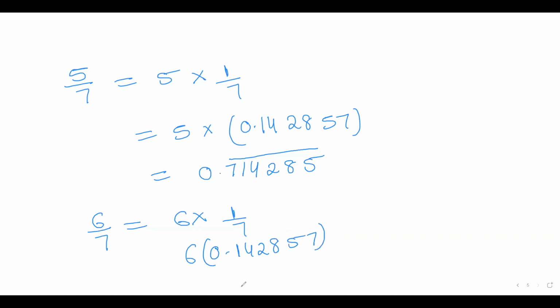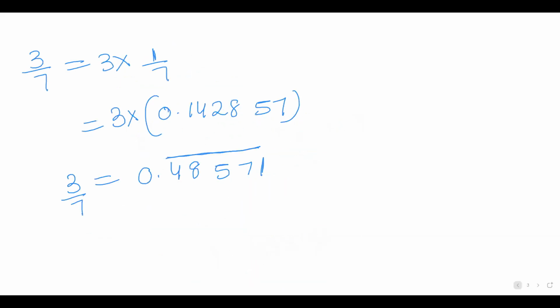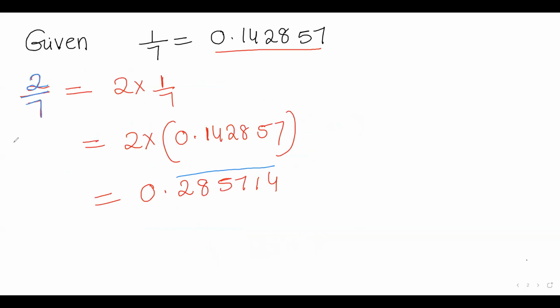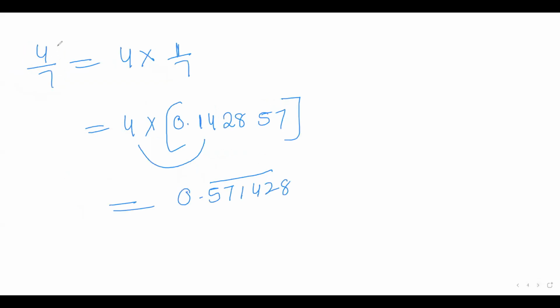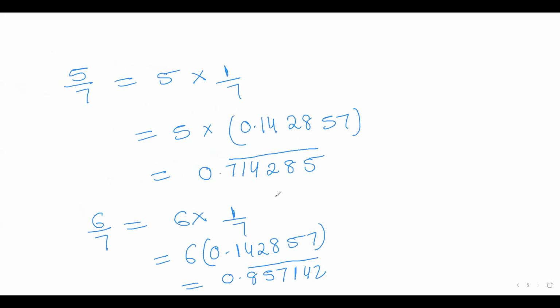On substituting 1 by 7 value and multiplying with 6, we get 0.857142 bar. Got it? Like this, we got all the values starting from 2 by 7, 3 by 7, we got 4 by 7, 5 by 7 and 6 by 7.